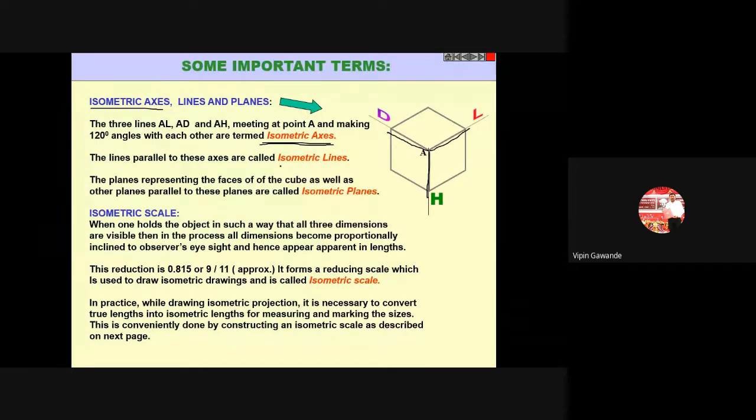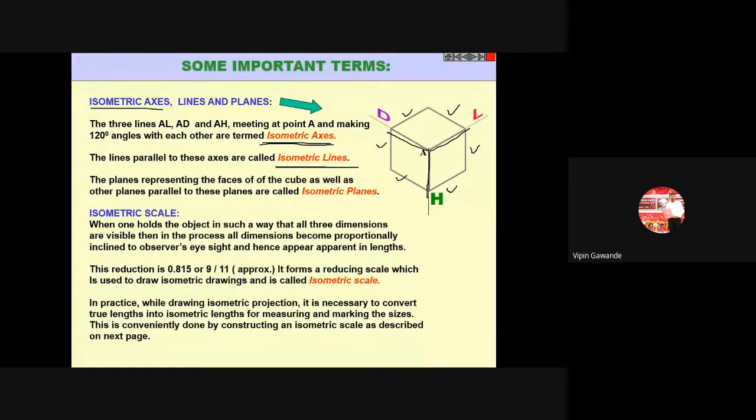Now, what is meant by isometric lines? The lines which we draw parallel to the isometric axes. This line is drawn parallel to the AL axis, this line parallel to the AD axis, and this vertical line parallel to the AH axis.